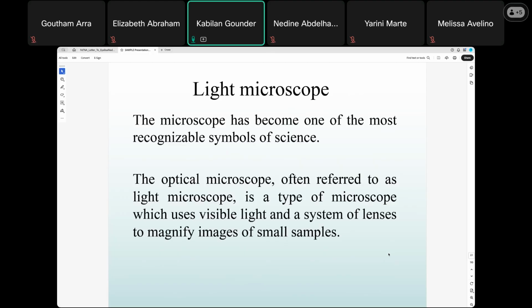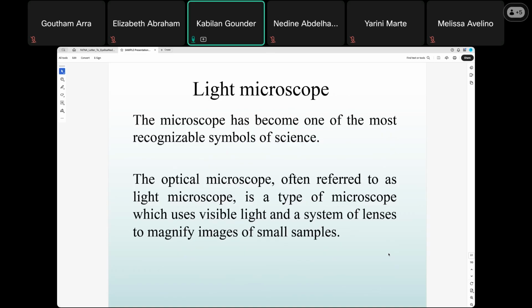The light microscope has become one of the most recognizable symbols of science. Even today, we have many different sophisticated, high-tech microscopes available, but the light microscope still plays an important role in science and technology.